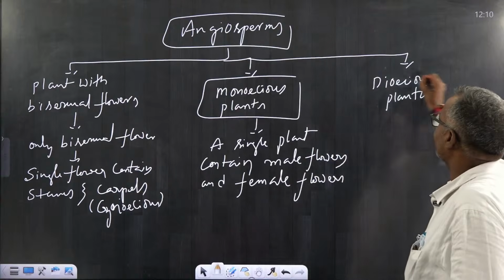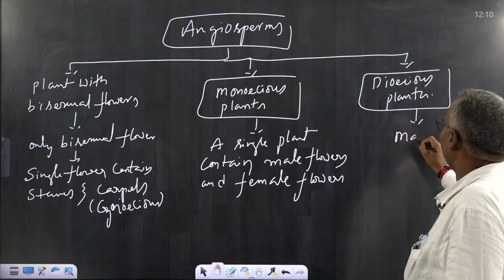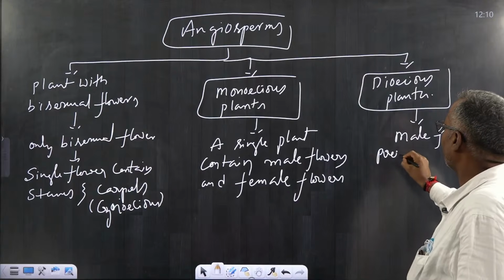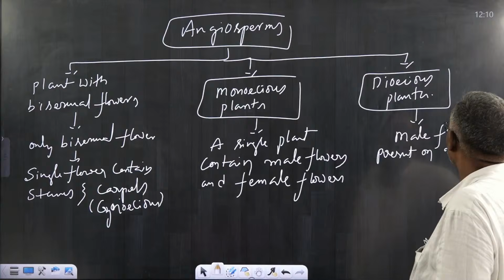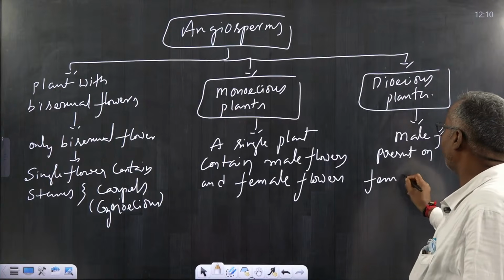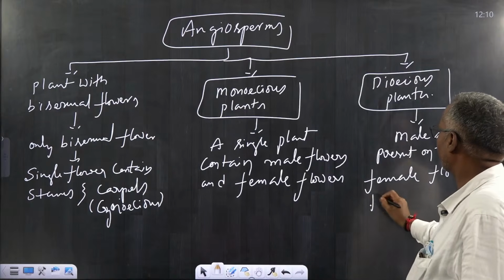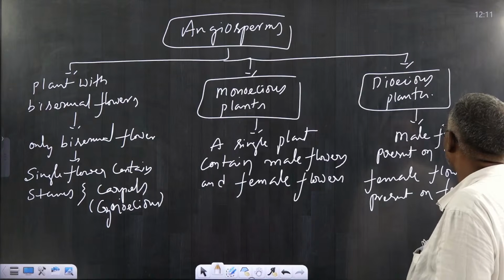Whereas dioecious, here male flowers are present on the male plant, and female flowers are present on the female plant.